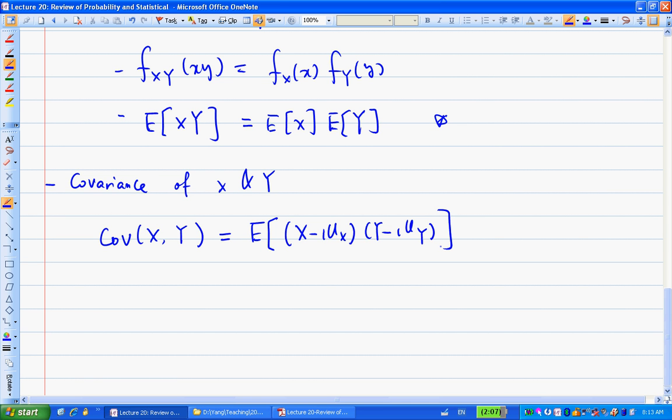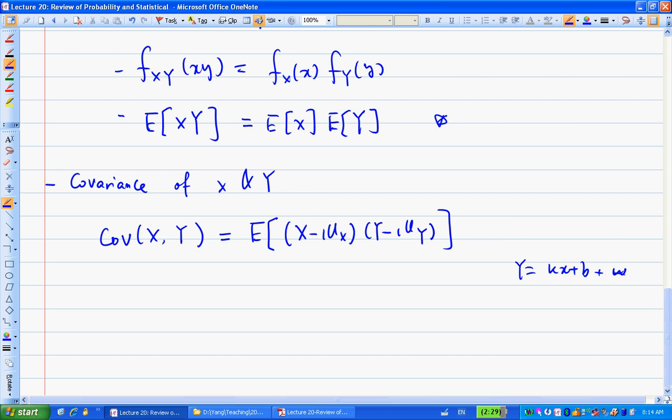So it gives you a sense of the relationship between X and Y. Let's say X and Y are in a linear relationship, maybe Y equals kx plus b, a straight line, with a certain amount of noise added.